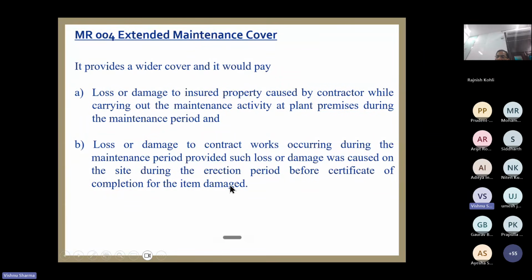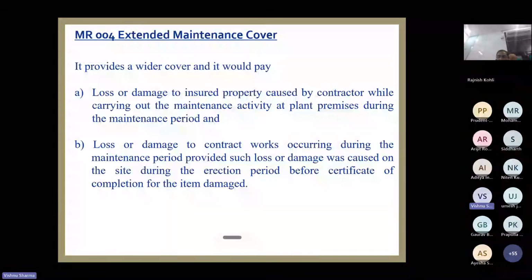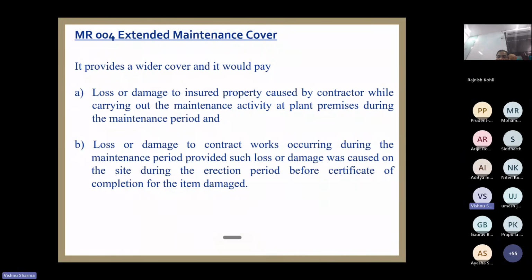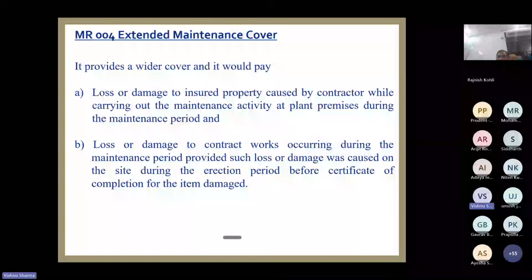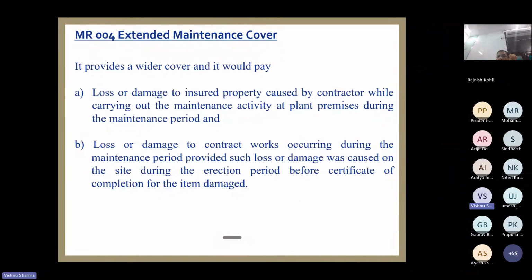So if the loss has taken place during the erection period, but it surfaced during the maintenance period, it could not be caught during the testing. It passed the testing, and only then did it come to the completion stage. Unfortunately, it passed the testing and finally reached this stage. Okay, so those losses can be paid provided it is established.